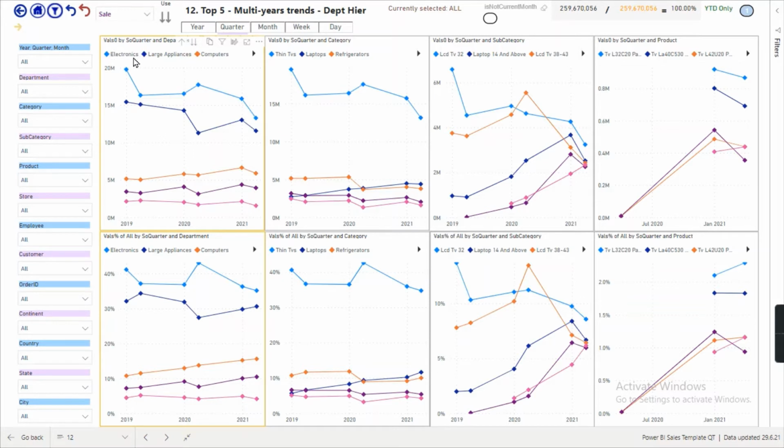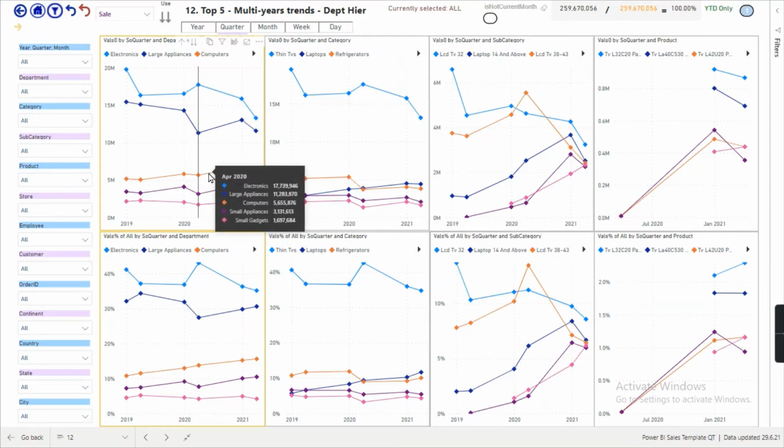You're starting to remember electronics and large appliances. So electronics is going down, 3 years of sales. Large appliances going down and steady, and the other two are going up slowly, and this one is steady.